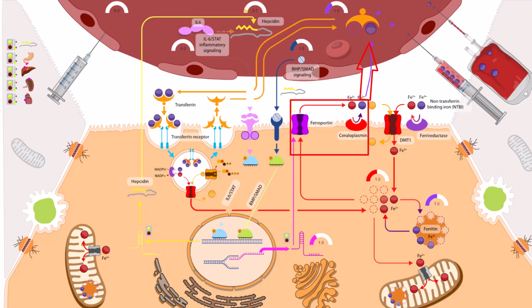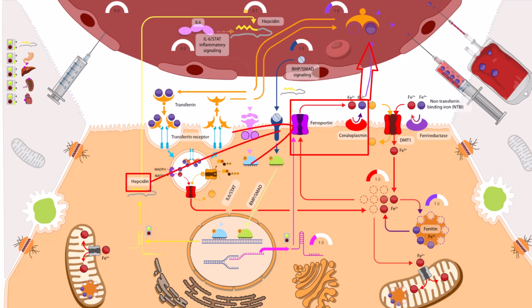The hepatocyte can also release iron from its stores. Iron is transported into the blood by ferroportin. Ceruloplasmin, similar to hephaestin in enterocytes, oxidizes iron into a trivalent form that binds to transferrin in the plasma.